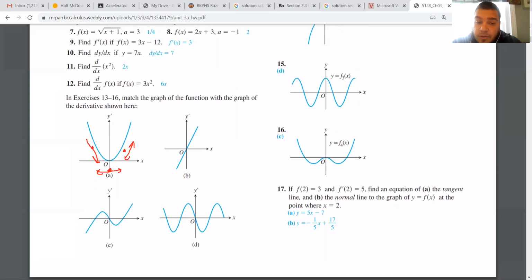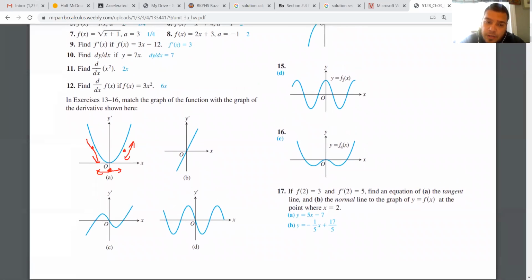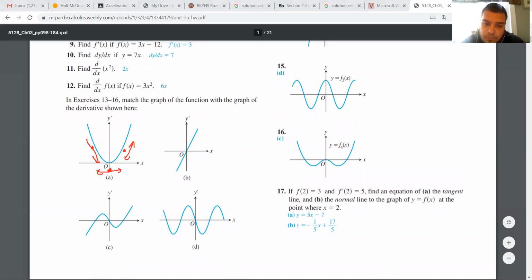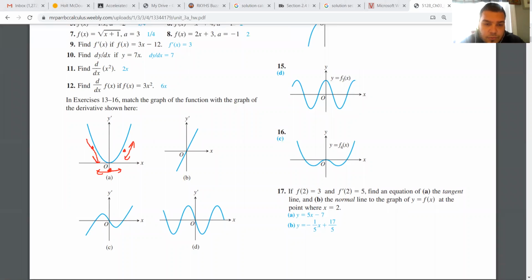Okay, let's talk about this one. Over here, the straight line. Let's see. So this one right here is a straight line. So that means the slope will be matching what the line is because it's straight. So the slope should be consistent all the way through.